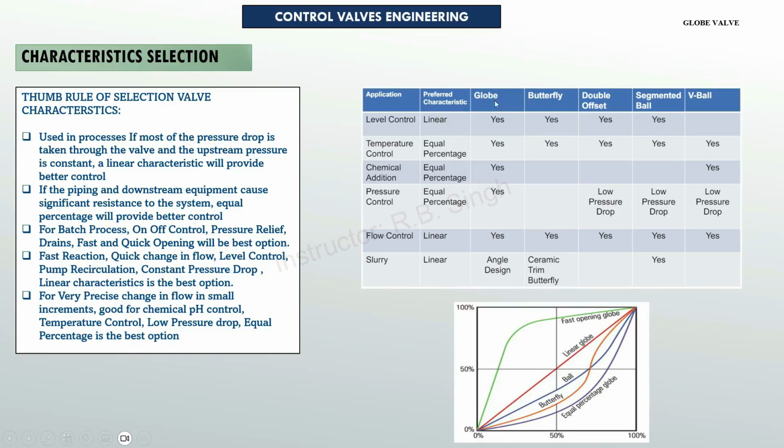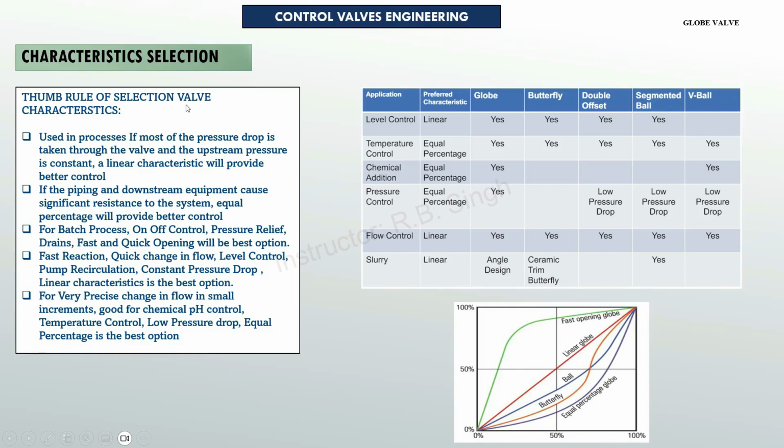For the globe valve, linear is okay for level control, and for temperature control it is okay too. So for the globe valve, the preferred characteristics with respect to application are given here, and for other types of valves also. These kinds of tables can help you while selecting the valve characteristics.